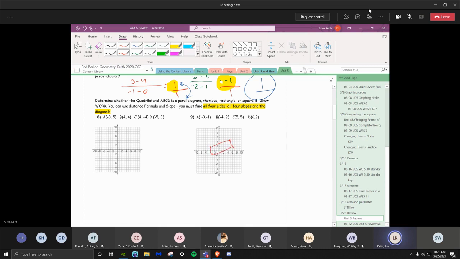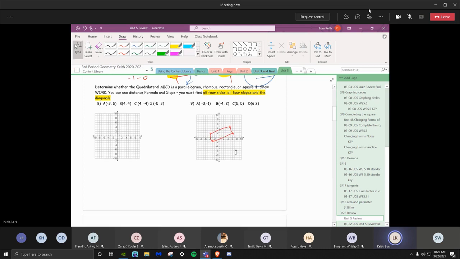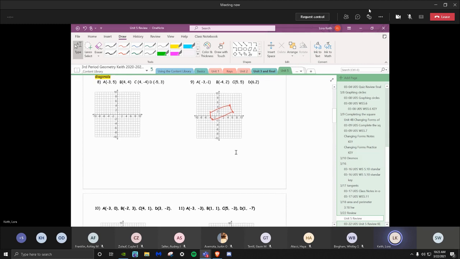Okay, so just looking at it, what type of shape does that look like? What type of shape would you say that is, Alexa? A rectangle? It's rectangle. Yeah, so it looks like a rectangle.